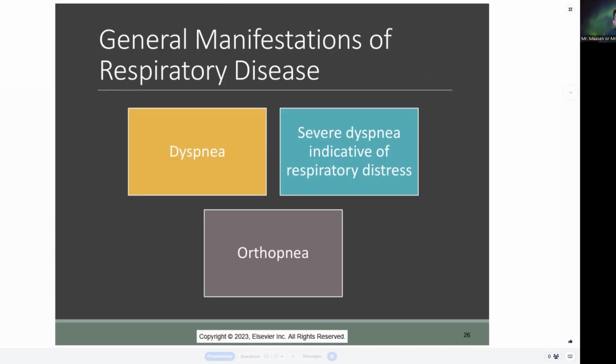Other general manifestations, typically dyspnea. These are all need to know. Dyspnea is a general term describing the subjective feeling of discomfort when a person is unable to inhale, basically. When someone has trouble breathing in, they would describe it as, I'm having trouble breathing. That term is dyspnea.